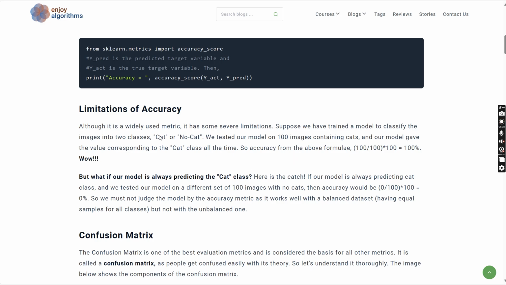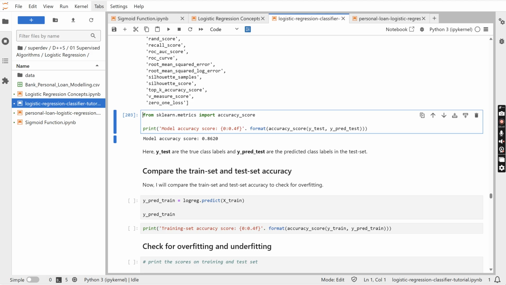But if there were too many cats and the model starts predicting everything to be cat, which happens usually in the ML world, then accuracy will be inaccurate. So we can't consider accuracy. That is just one thing you have to remember.